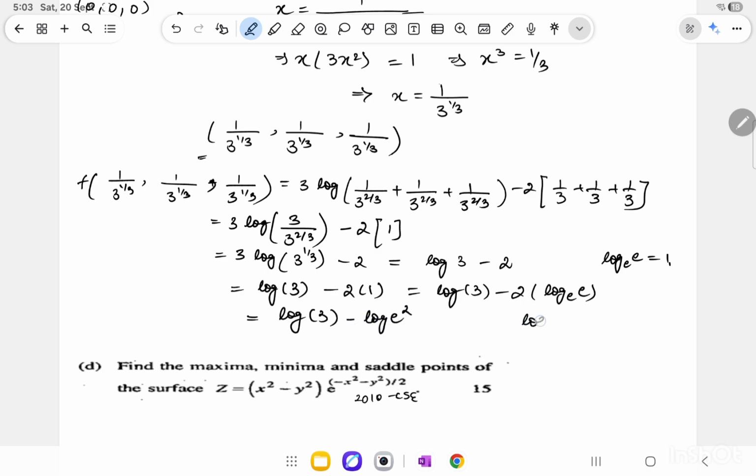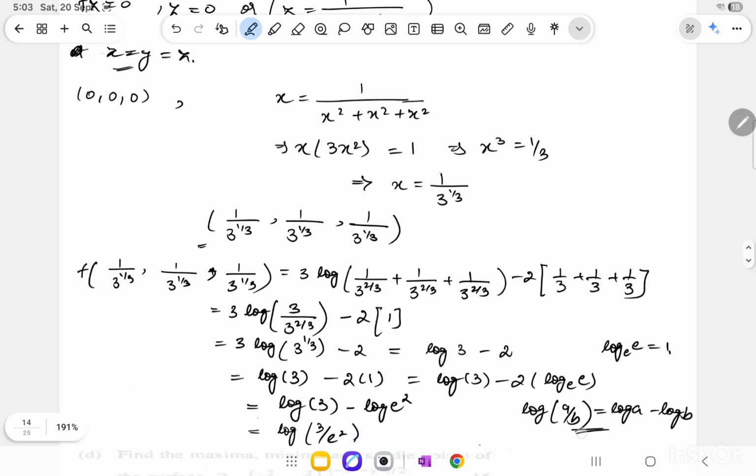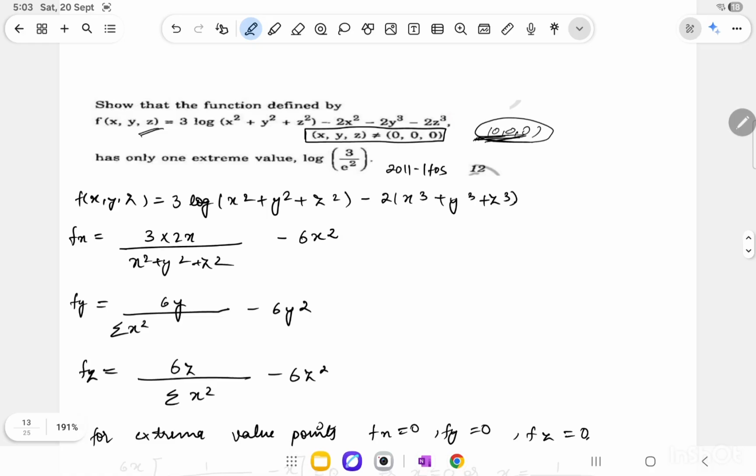We know that log of a divided by b is the same as log a minus log b. So using this formula, I get log of 3 divided by e square. And in the question, we are supposed to prove that this is the only extreme value possible.